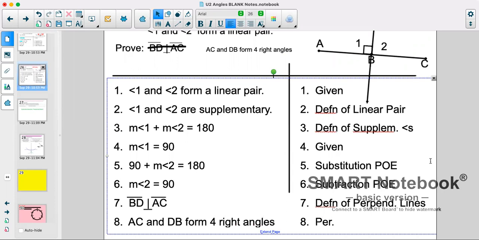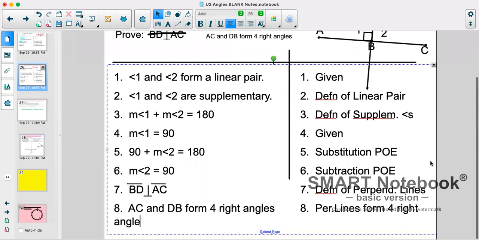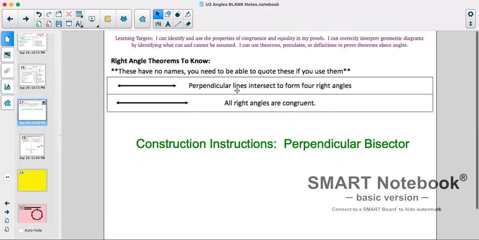Because perpendicular lines form 4 right angles. So it's just a slight change in the prove statement, but it's going to require some extra work. It's going to require knowing these theorems like this. Okay. That is the end of part 2 of angle proofs.